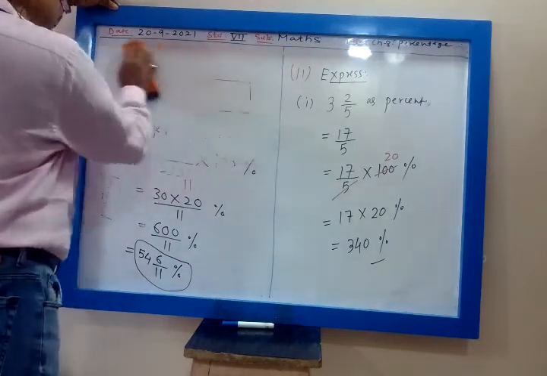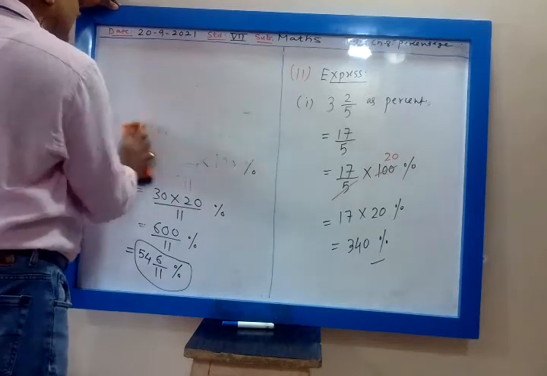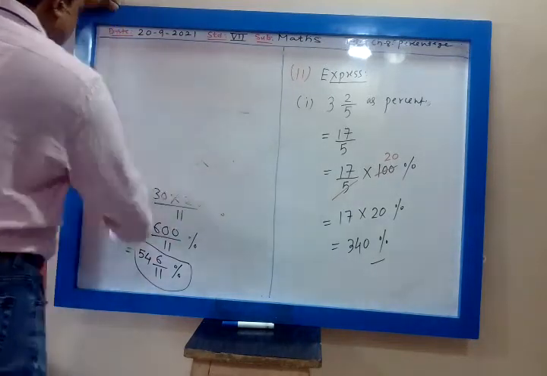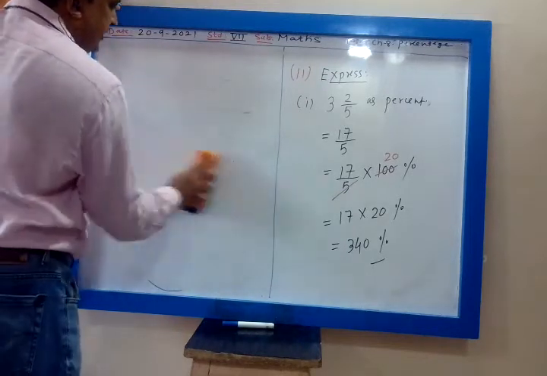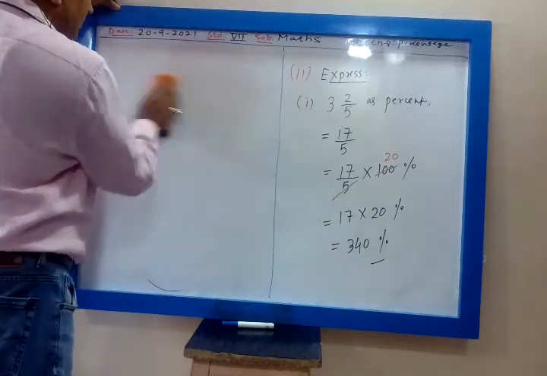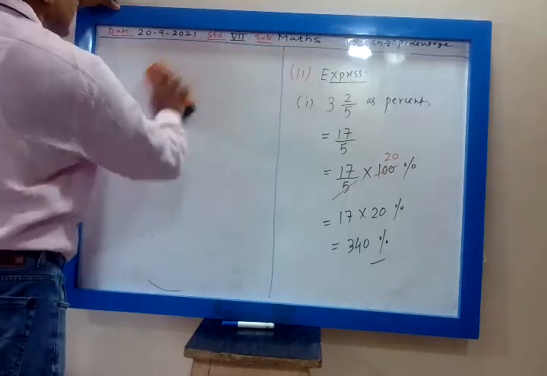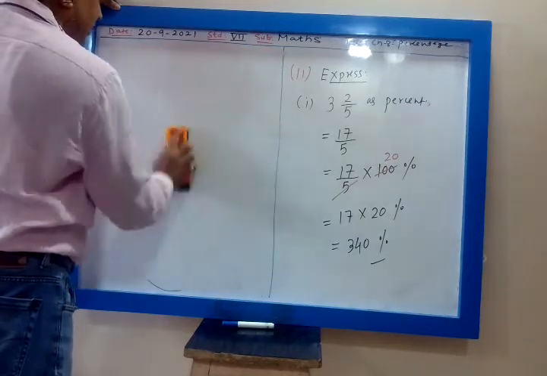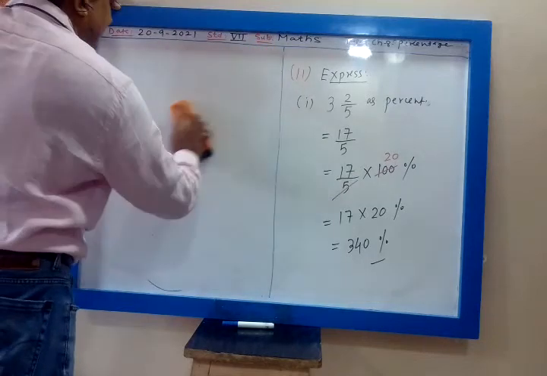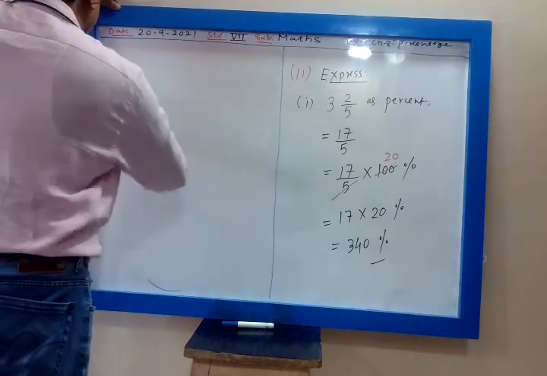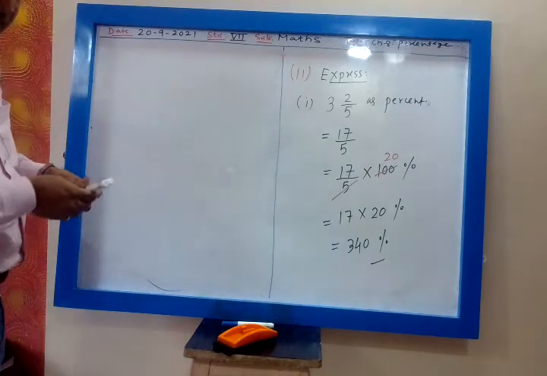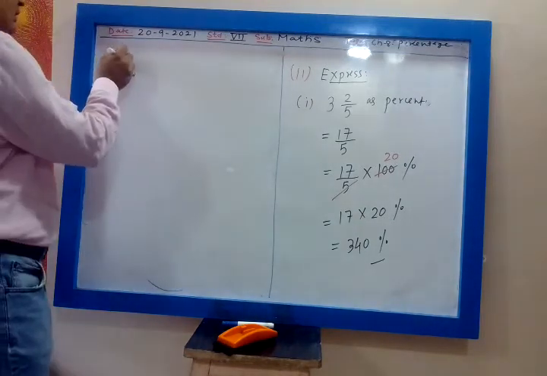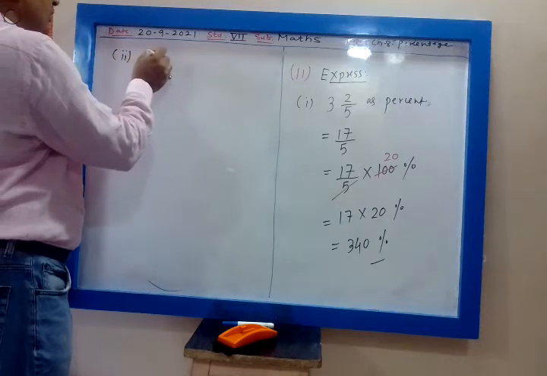Once you get the fraction, multiply by 100% and you will get the percentage. Second, 0.075.